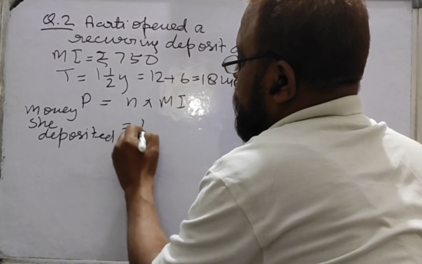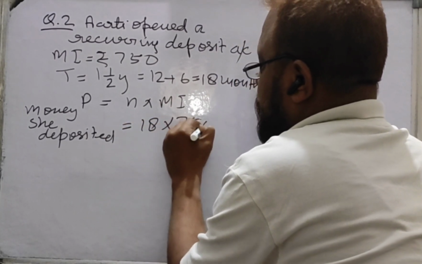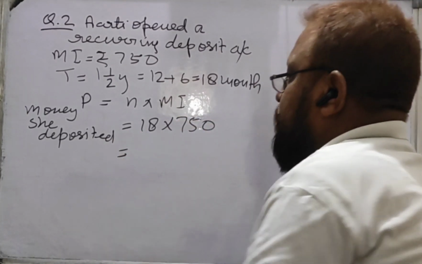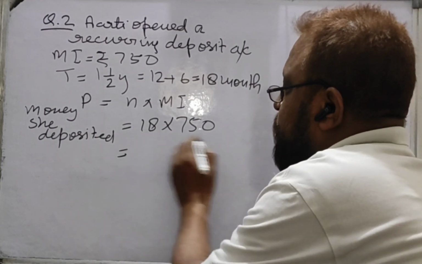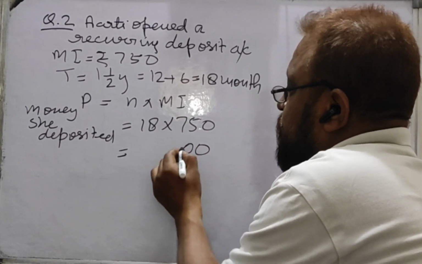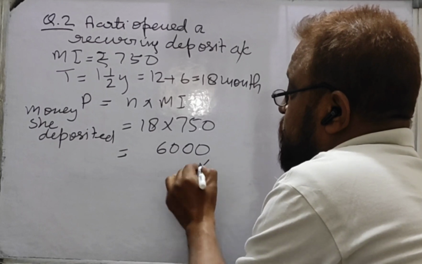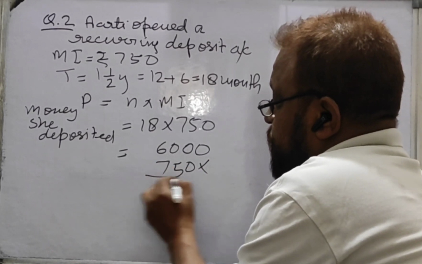So it is 18 into 750. How much will it be?